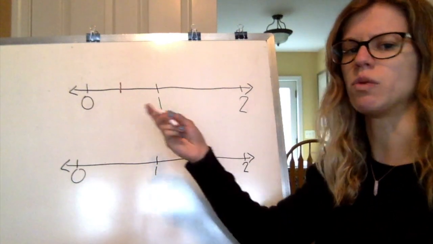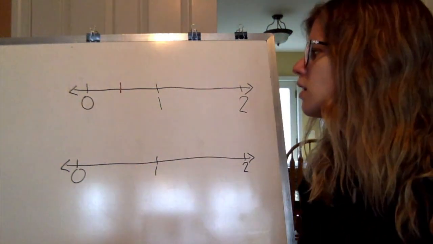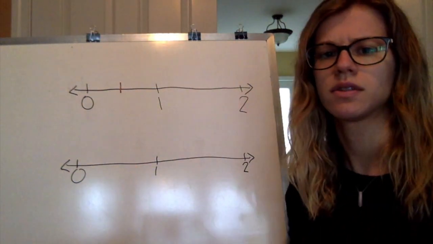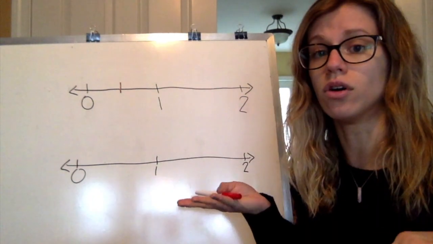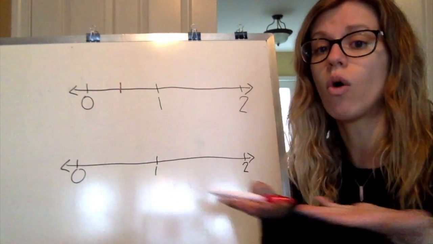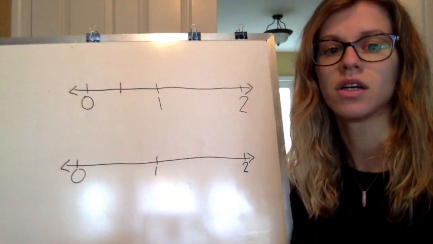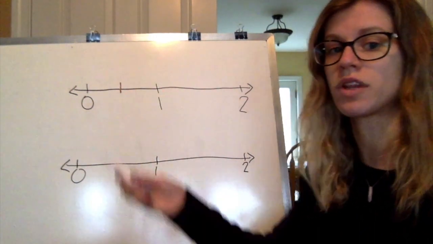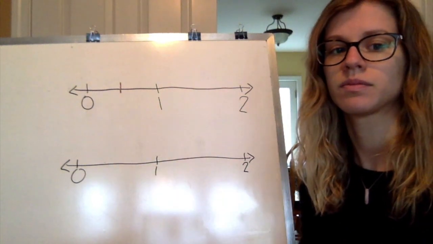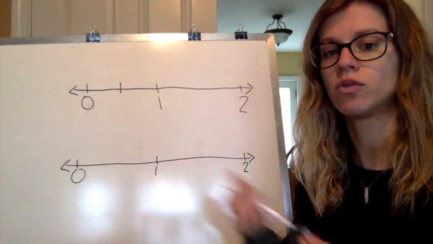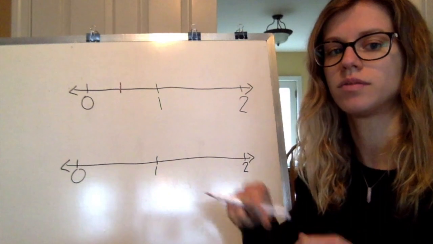What number would we want to put where he stopped? It's not a whole block. It's only half of the block. So what number should we put at the mark where that ant stops to rest? He has traveled what fraction of one block?